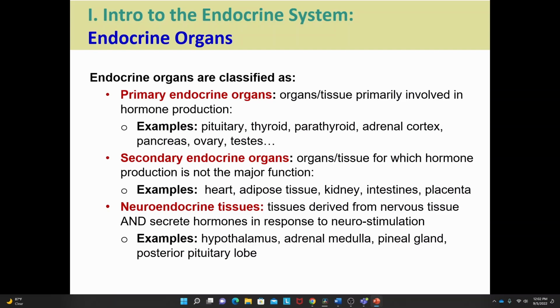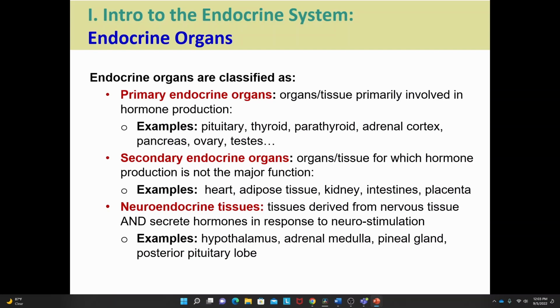Secondary endocrine organs do produce some hormones, but that's not the main job that they have. Like the heart, for example. When we think of the heart, you don't think endocrine, you think cardiovascular, because that's the heart's main job, right? It's known for pumping blood around the body. But it does produce some hormone. It produces atrial natriuretic hormone, or ANH, which is going to help with your water-salt balance.